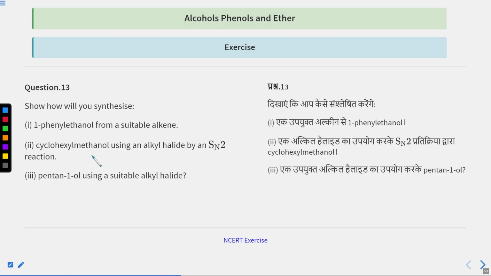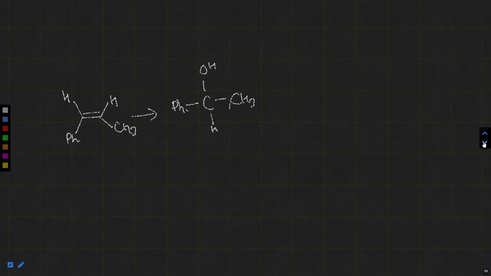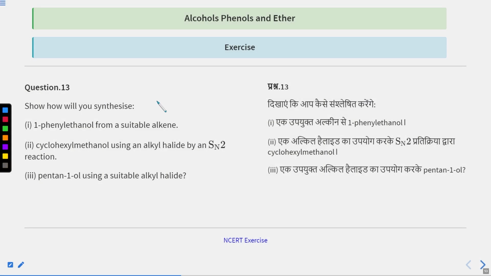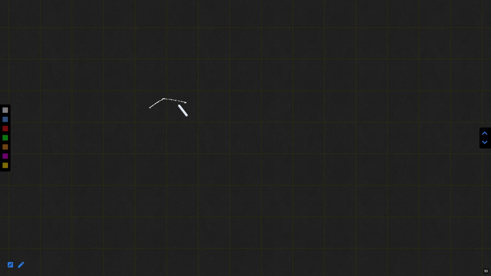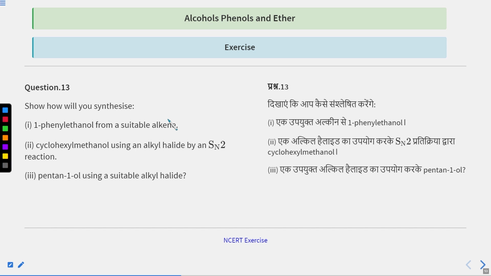Next is cyclomethanol using an alkyl halide. From what? Using an alkyl halide.